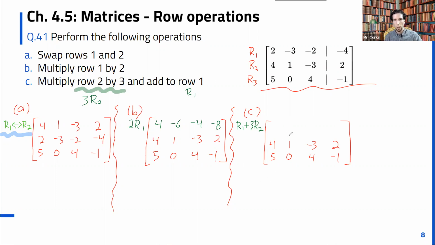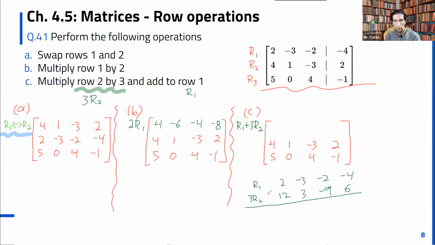So if we can do this in our heads, then that's fine. We could also write it out on the side if we want to be clear with our arithmetic. So let's write this out just to show how we could do this. So row 1, we have 2, -3, -2, -4, and 3 times row 2 here is 4 times 3, so 12, 3, -9, and 6.